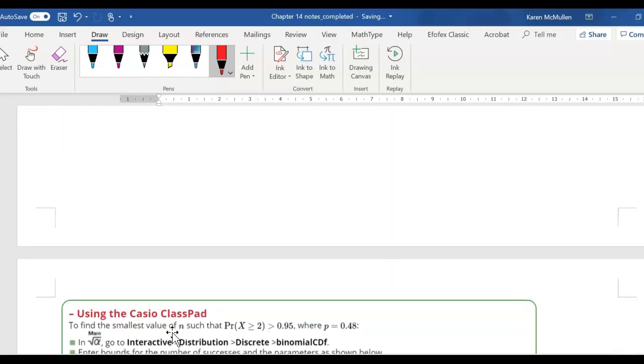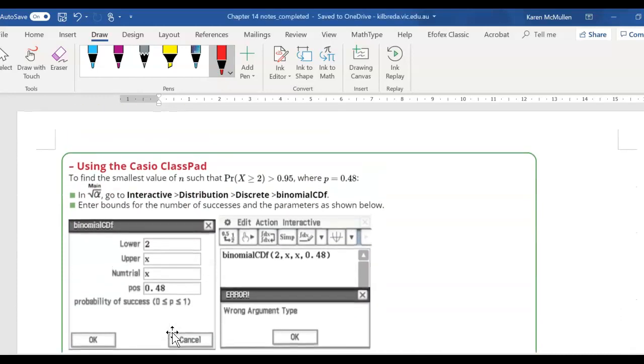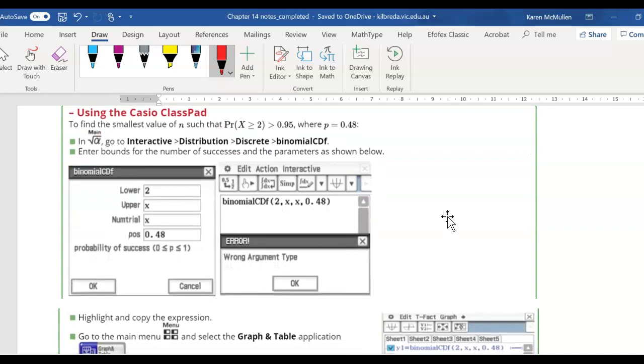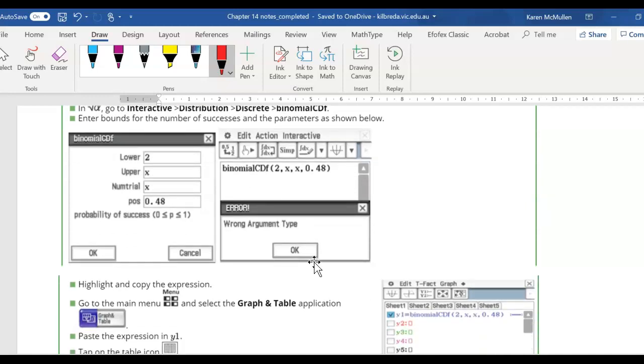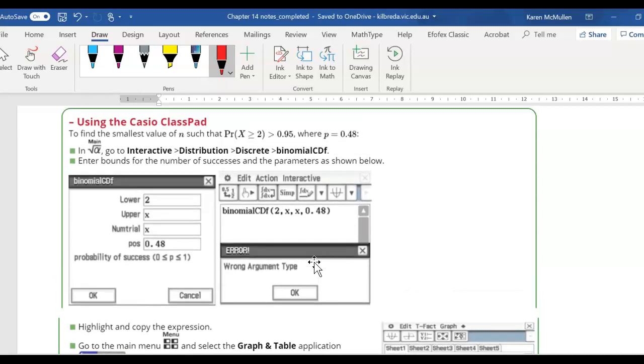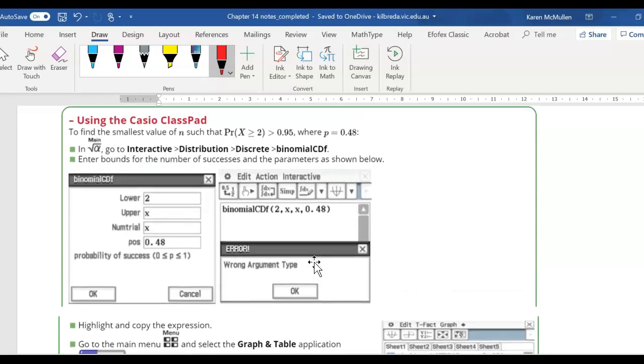All right, so let's do some questions. Sorry, before we move on, the calculator instructions. You can see there another method of using it. You can use binomial CDF, and they've just got X for your upper, because we don't know what that is. Number of trials is X, but that's not going to work. But you can still follow these instructions.